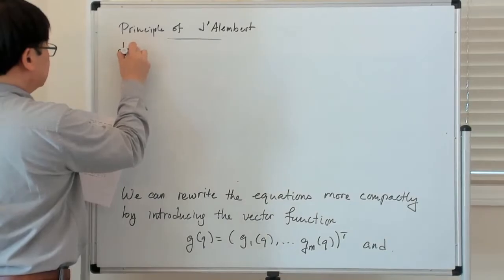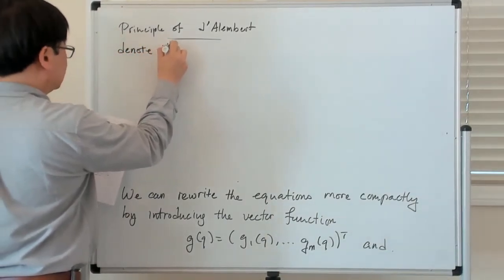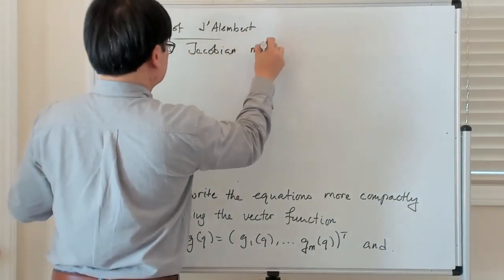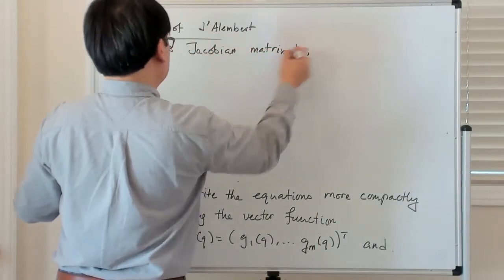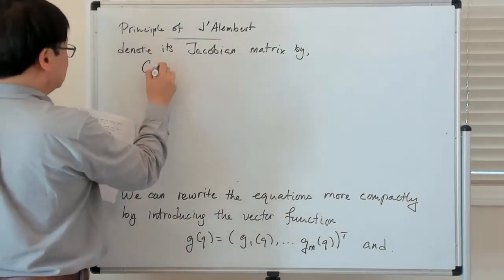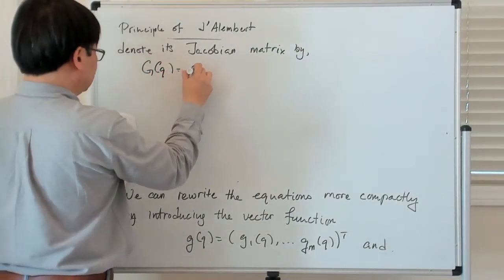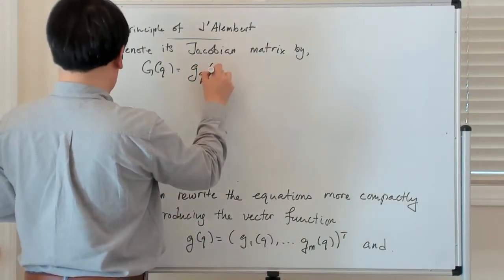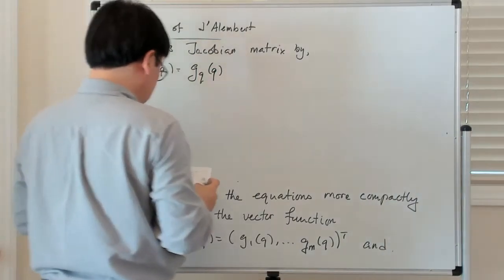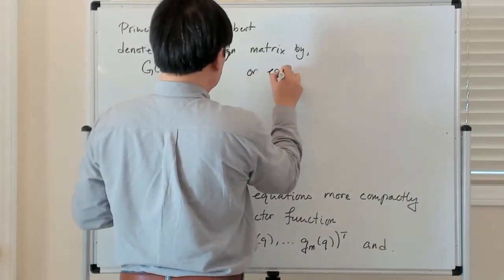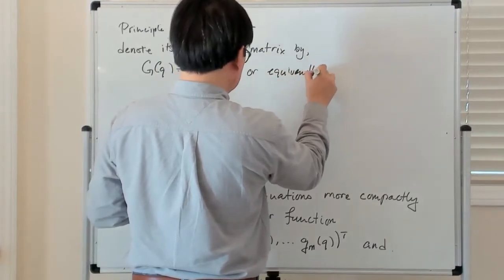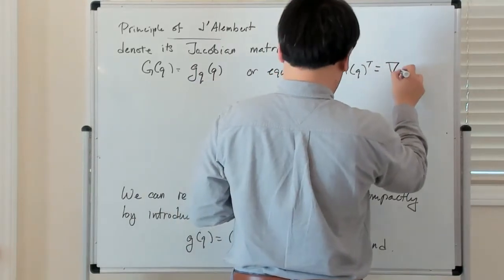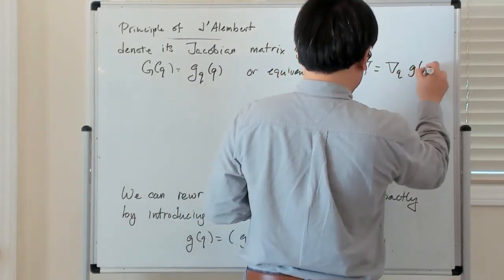So we denote its Jacobian matrix by the following: let's say big G of Q is the Jacobian of this vector valued function, or equivalently, G of Q transpose is the gradient of this vector valued function.